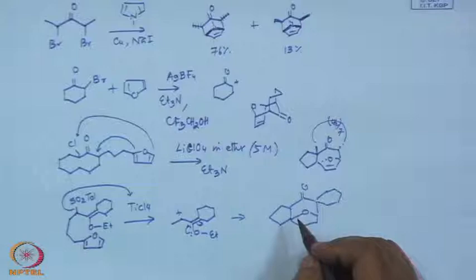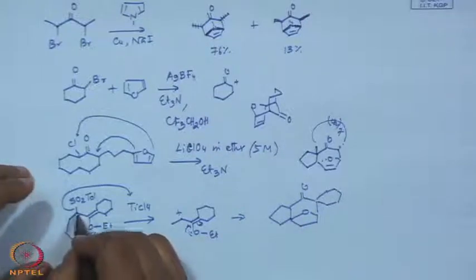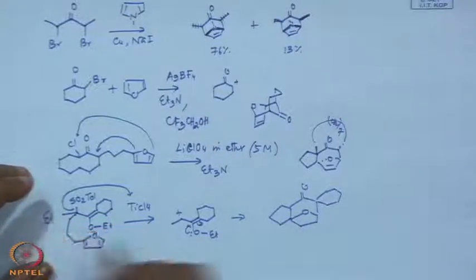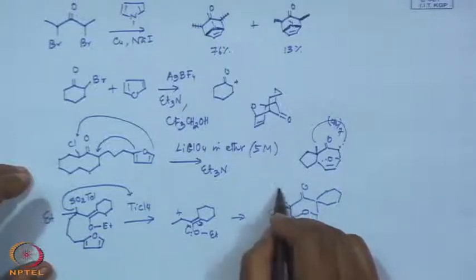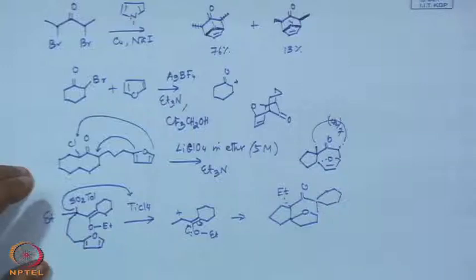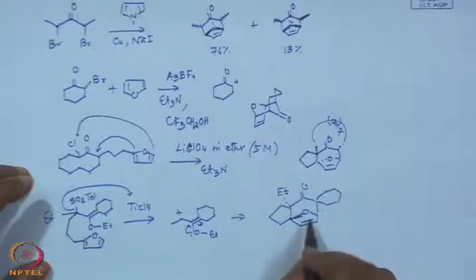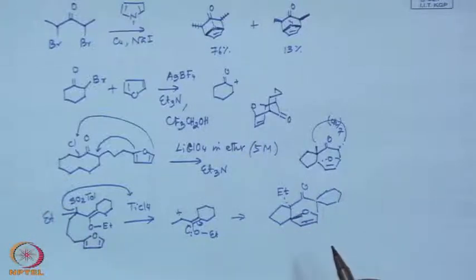Oh, I missed one point here. There was an ethyl group here. This ethyl group would result in this bridgehead, and by virtue of the steric effect, once again this carbon-oxygen bond is beta, and you have the double bond. Okay.